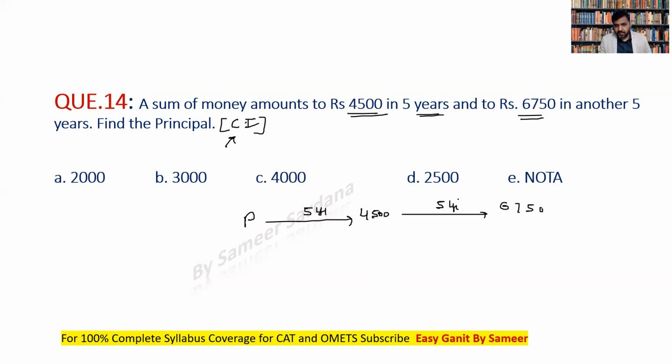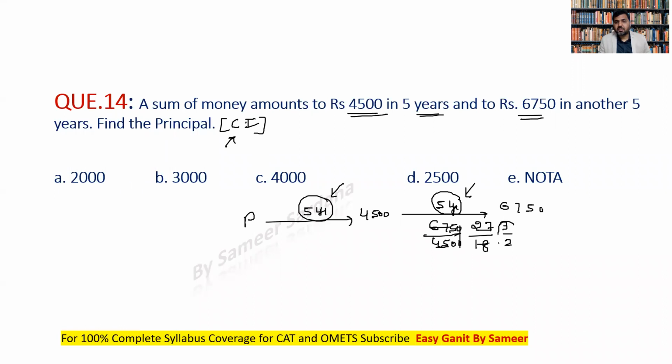So we know that the multiplying factor for this 5 years as well as this 5 years will remain the same. Multiplying factor in compound interest always remains the same for a particular time period. You see that this is also a time gap of 5 years, and this is also a time gap of 5 years. In 5 years, my money is becoming this many times of itself, which is 6,750 by 4,500: 25 into 270, 25 into 180, this is 9 into 3, 9 into 2.